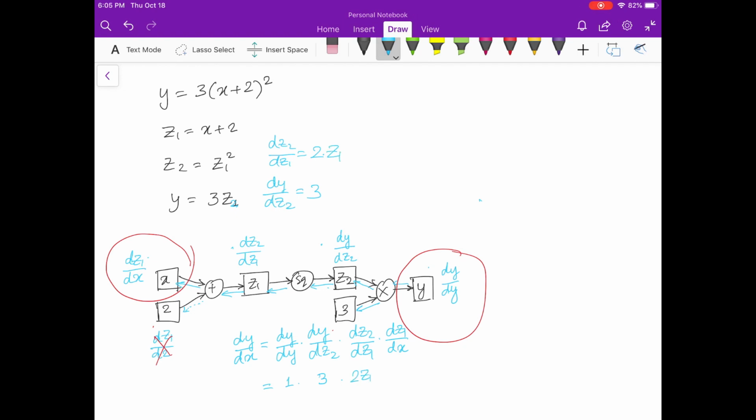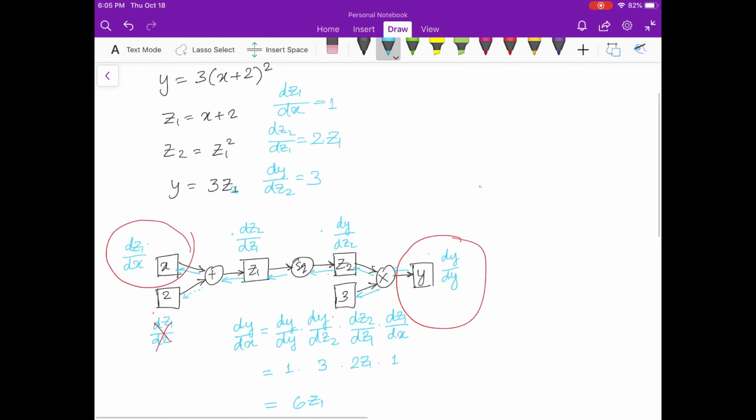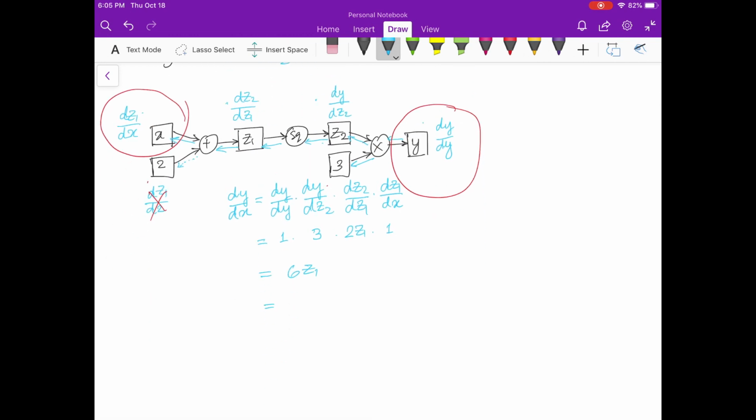So we'll replace it with that. And dz1 dx is simply 1. So we replace it with that. And what we get is 6 times z1. z1 is x plus 2, so 6 times (x plus 2).